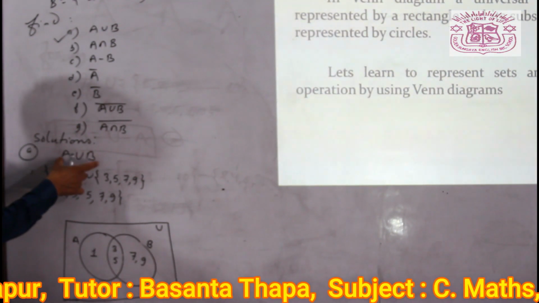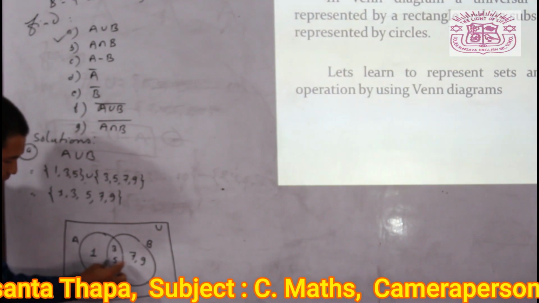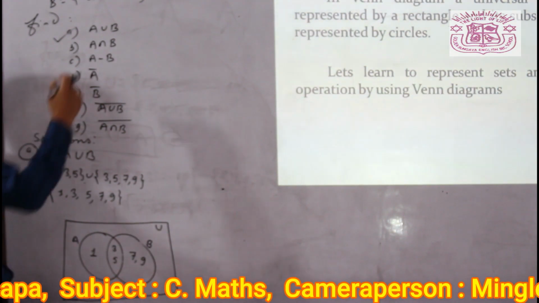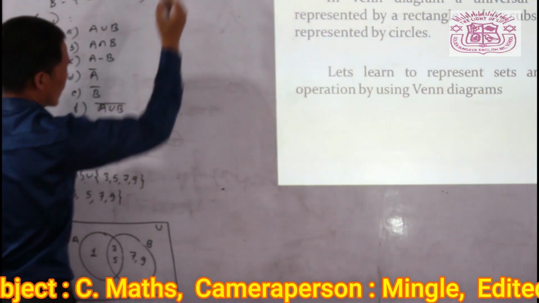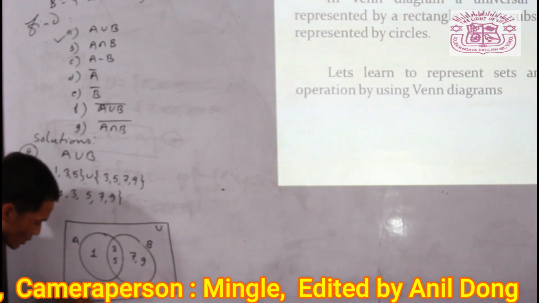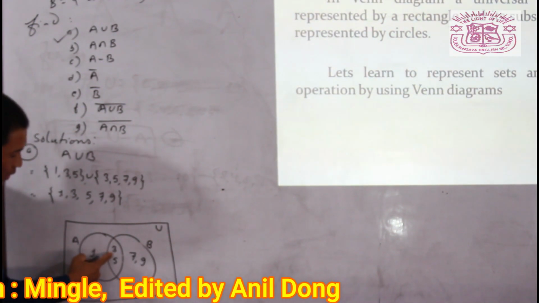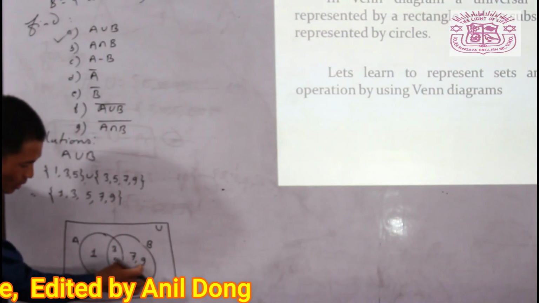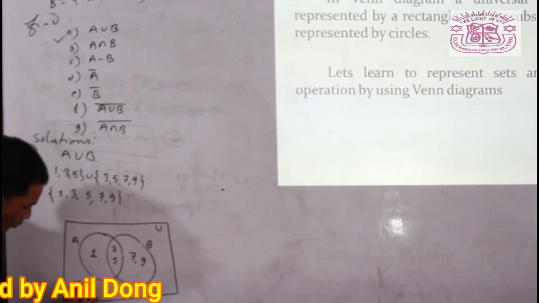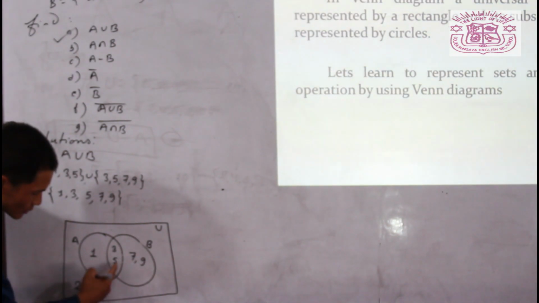So to show this A union B, what are the elements? 1, 3, 5, 7, 9. And where are the rest of elements? From 1 to 10, 1, 2 has not been written inside. So we just write 2 outside. 3, 4, is it written here? 4 has not been mentioned. So write 4 outside. 5, 6 not written, right?